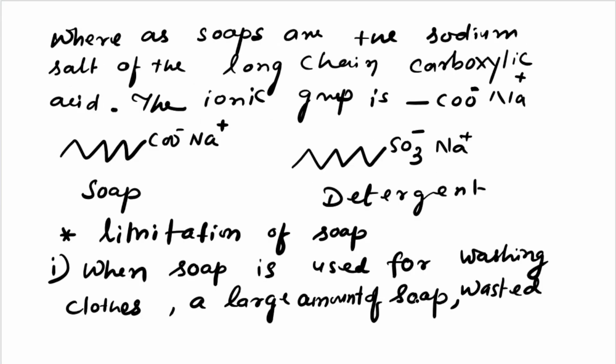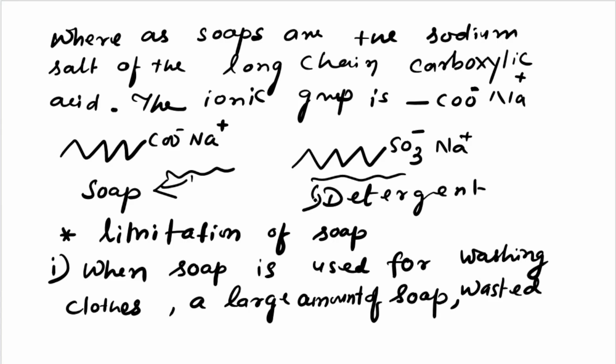Whereas soaps are sodium salts of long chain carboxylic acid, the ionic part is COO minus Na plus. See here the diagram. This indicates soap. Are you clear? This indicates detergent. I hope it is clear.